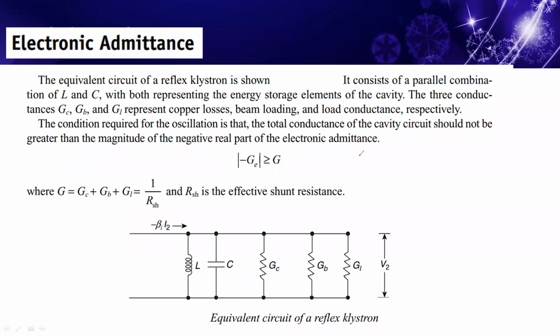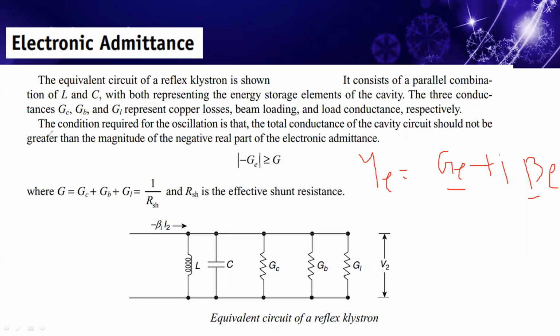So here I am writing Y equals G plus jB, where G is the real part and jB is the imaginary part. Clear?